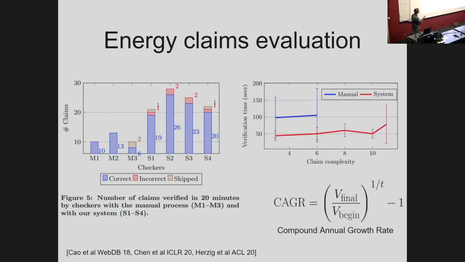And we showed also that the verification time in seconds for a claim doesn't increase too much with the complexity of the claim, where the complexity is basically measuring the number of relations, attributes, keys, and the complexity of the formula. Okay, so you see that for the system and for the user, they were not able to get to the complex claims.